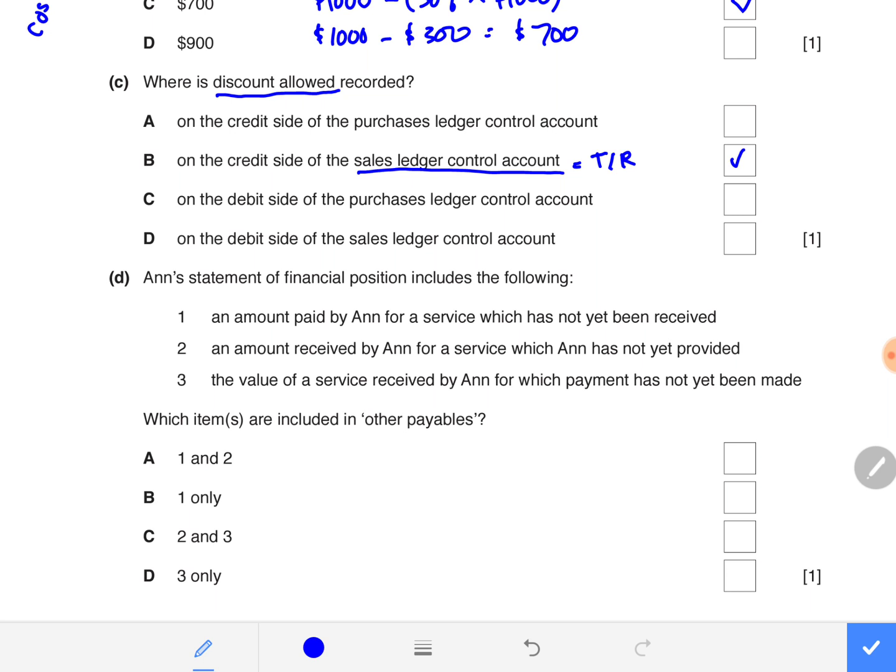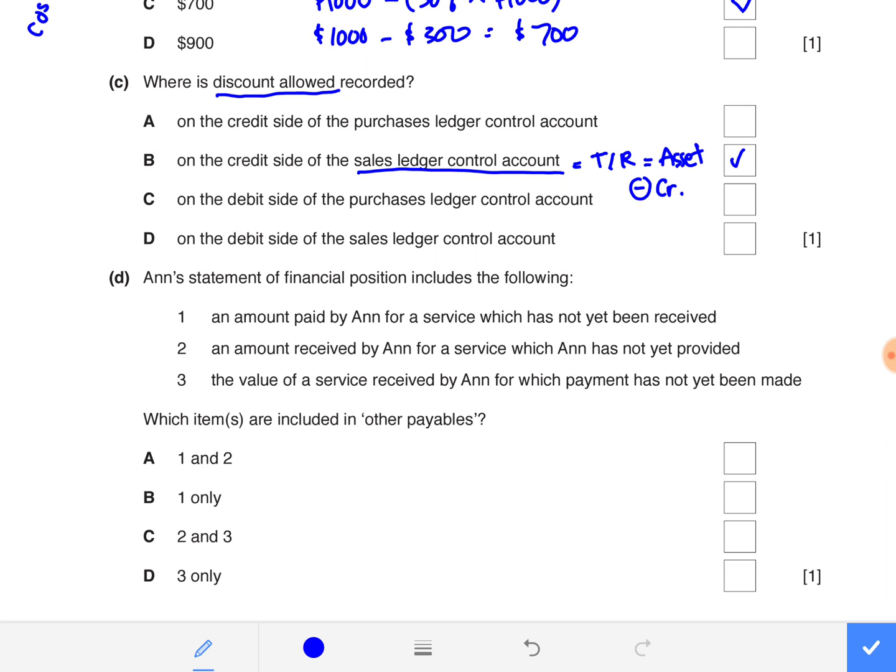Whenever there is discount allowed, your customers' accounts decrease. Trade receivables is an asset, and an asset decreases on the credit side. So it is on the credit side of the sales ledger control account.